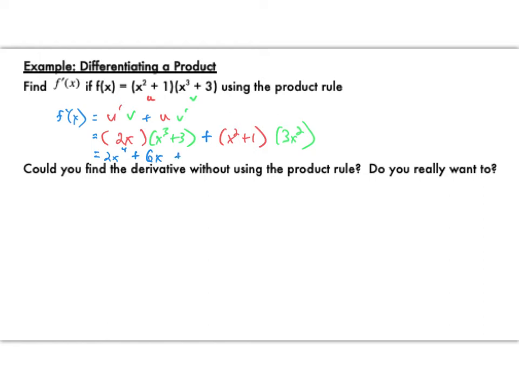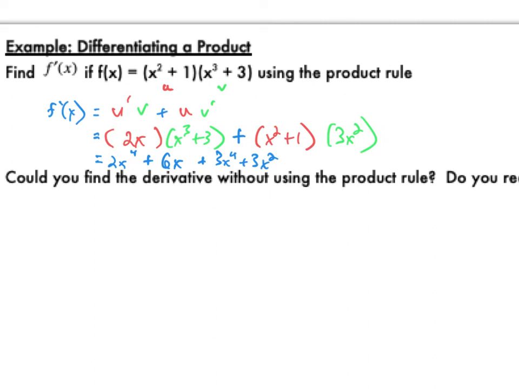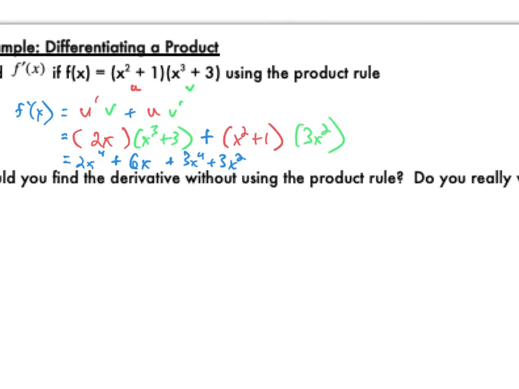And then over here it looks like it's going to be 3x to the fourth plus 3x squared. Okay, so now that we have those things out of the way, I can go ahead and clean up the like terms, and then my derivative looks to be 5x to the fourth plus 3x squared plus 6x, and there it is.